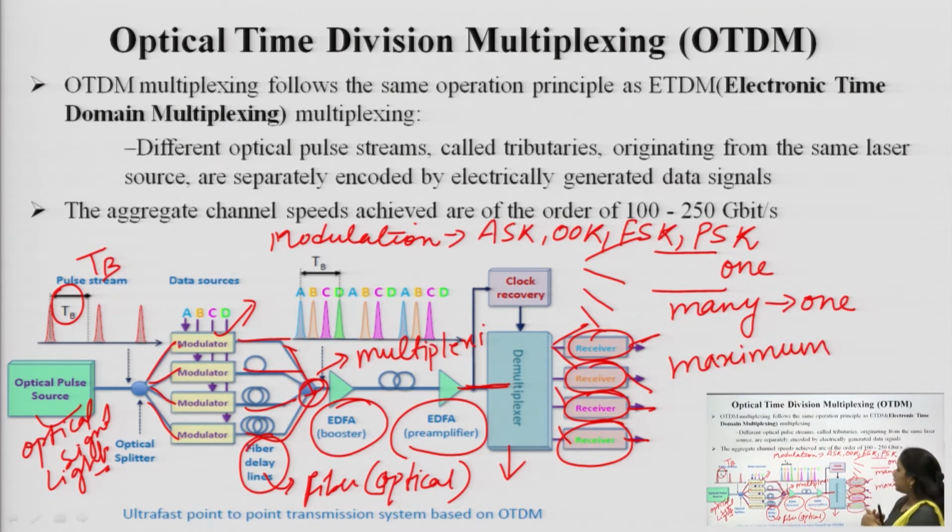What we are seeing here is that, as already told, multiplexing techniques are incorporated for achieving the maximum out of the optical fiber or optical system.